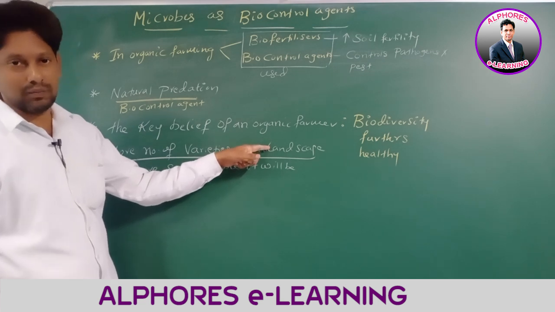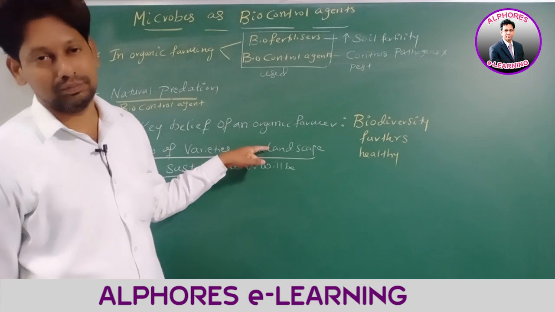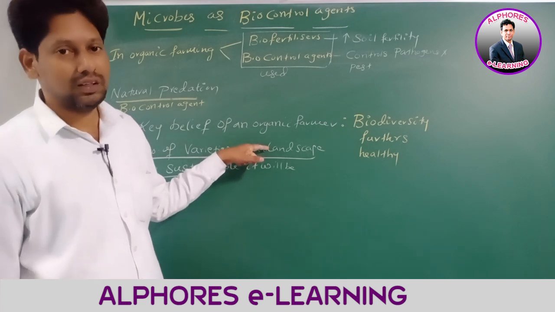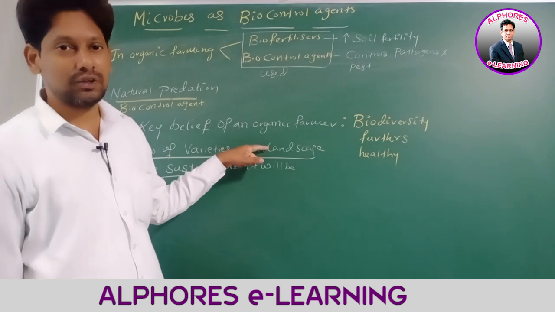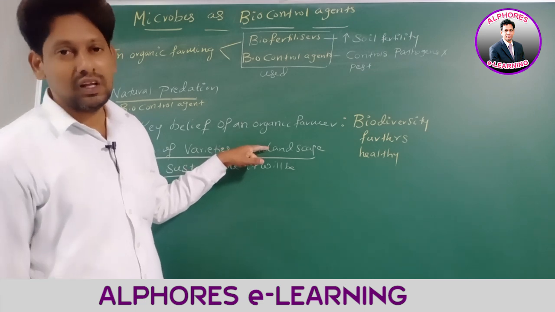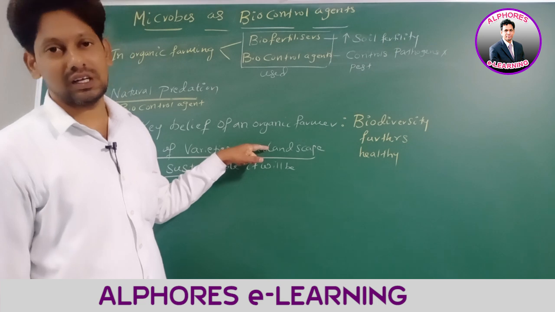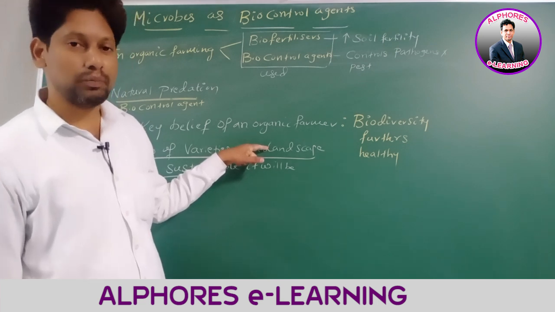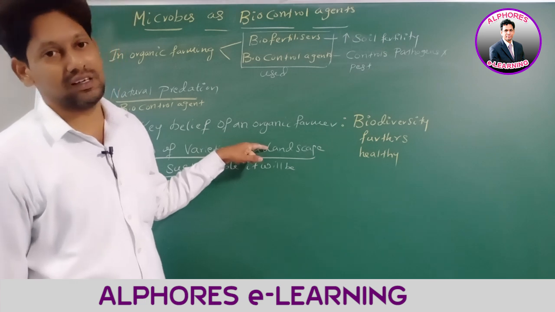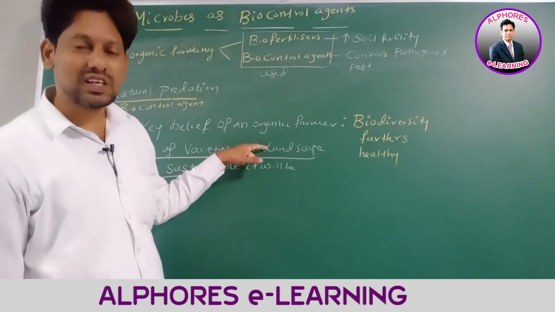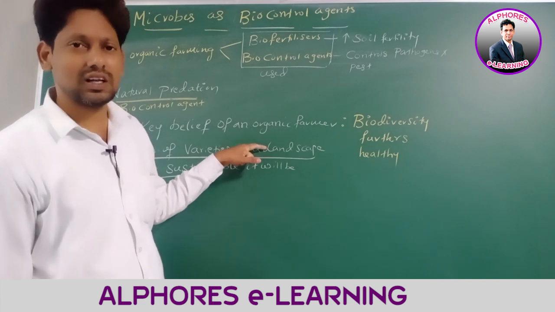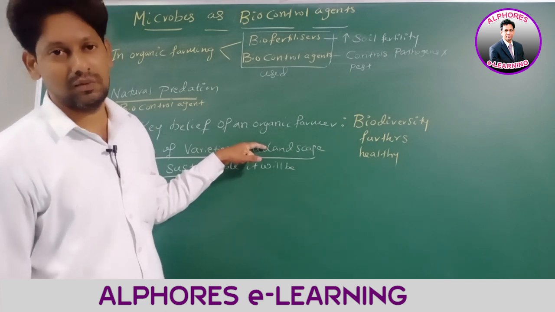Now, listen here. We are discussing conventional farming. In conventional farming, we are using chemicals. If a chemical is used, not only harmful insects, but also beneficial insects will be killed. Sir, how can an insect be beneficial to crops? Many insects are involved in the pollination process.